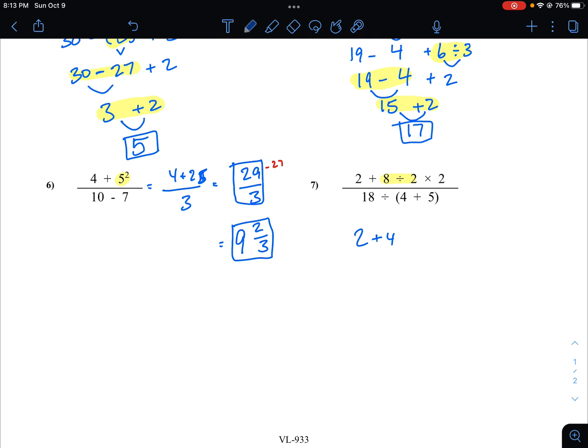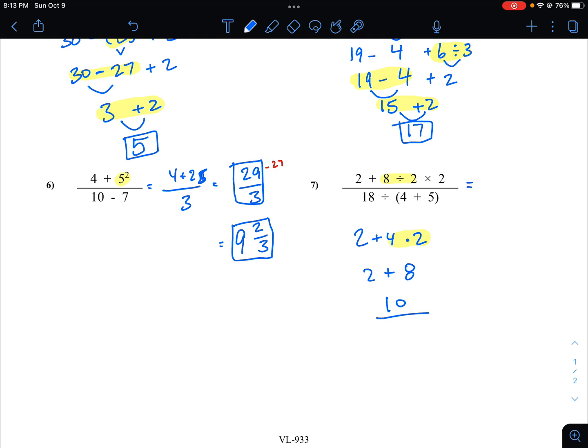We're just going to do a multiplication dot for times 2. There we go. Now it doesn't look so confusing. Next I'm going to do the 4 times 2, which gives me 8, and I still have to add 2 to that, which gets me 10. So that is the top portion.